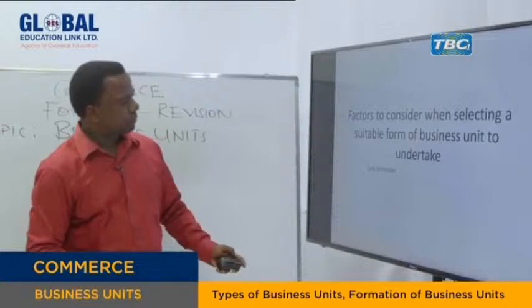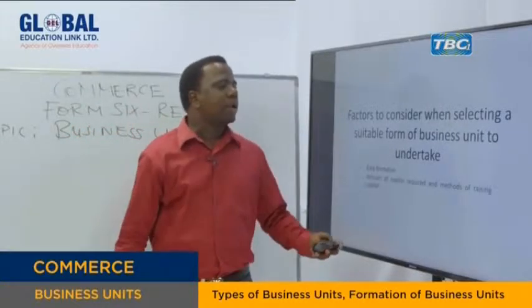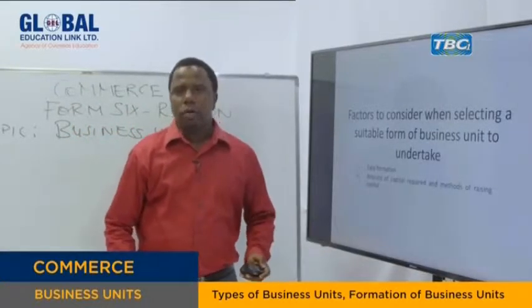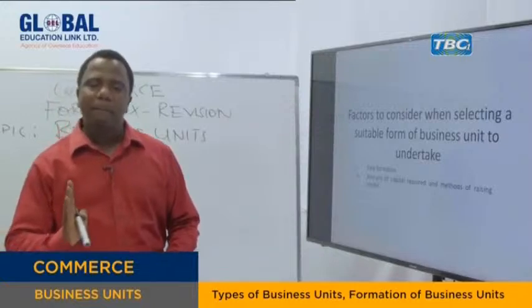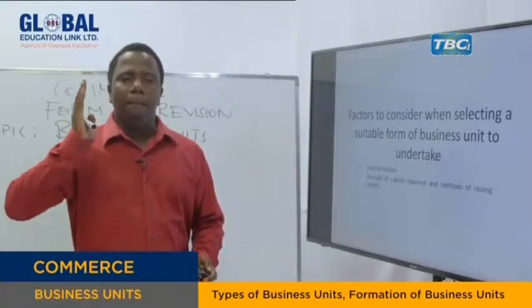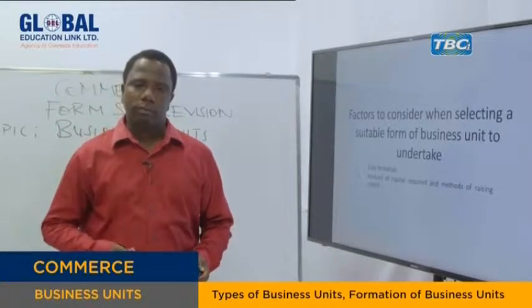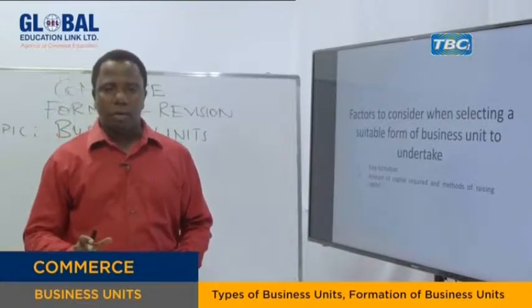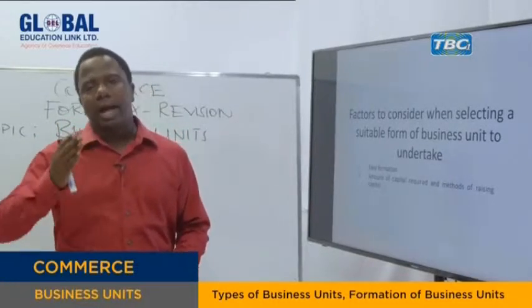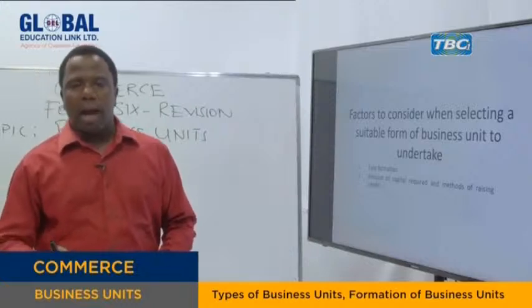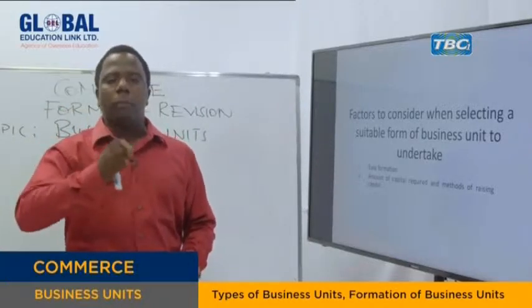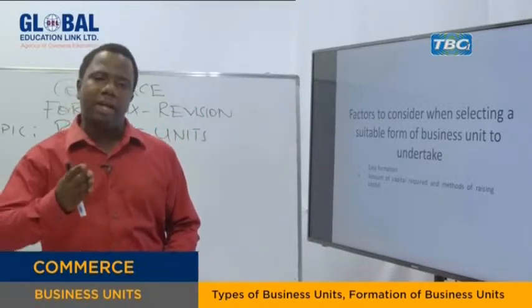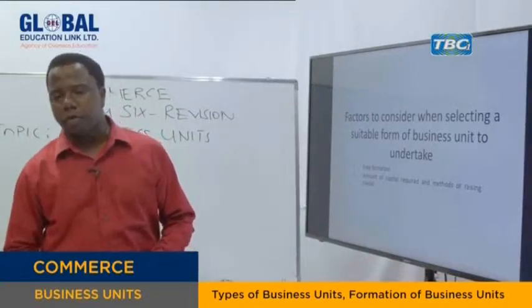Number two is the amount of capital required and the method of raising capital. You must consider this. Some business units need large capital. For example, a company, whether a public company or a private company, needs large capital, while a sole proprietorship or sole trade needs just a little capital.